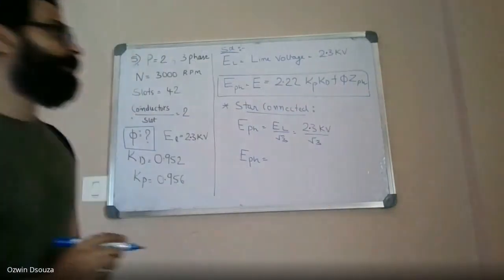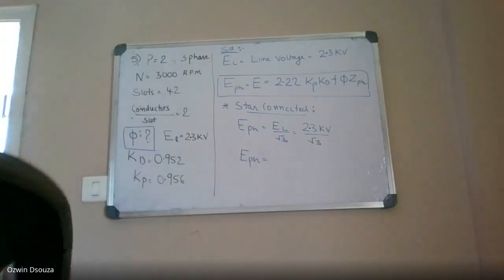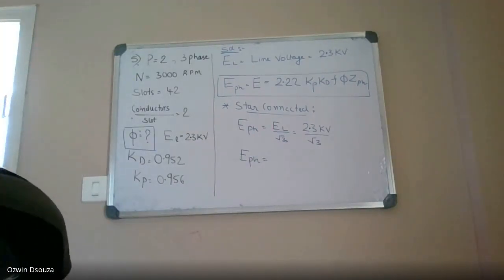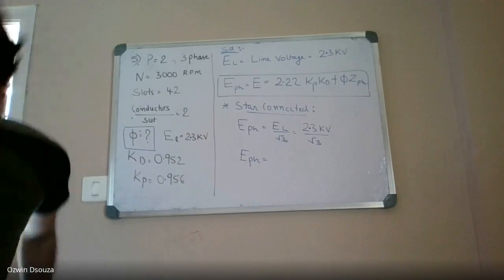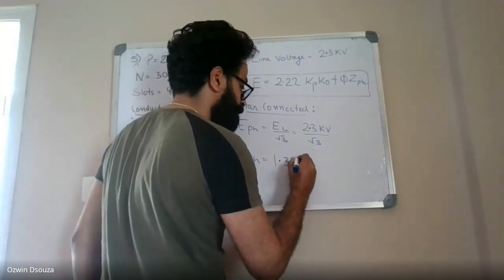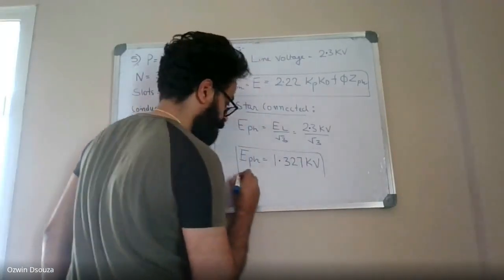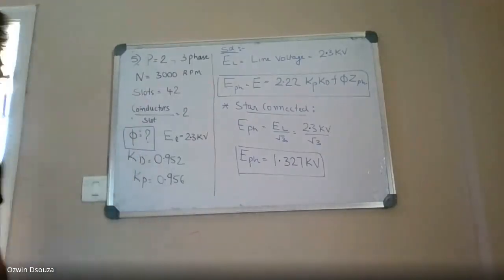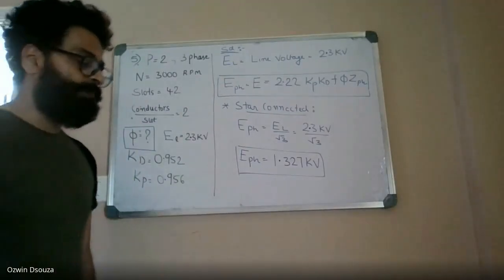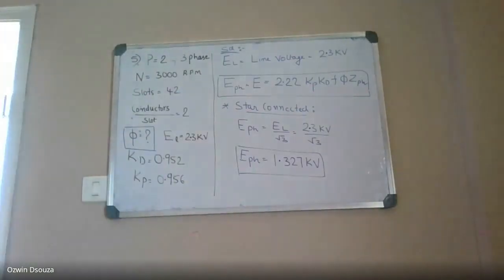So 2.3 kilovolt divided by root 3 will give you 1.327 kilovolt. Okay, please check whether you are getting E phase as 1.327 kilovolt. You are getting it, right? Yes, sir. Okay, fine. So phase voltage you have found.